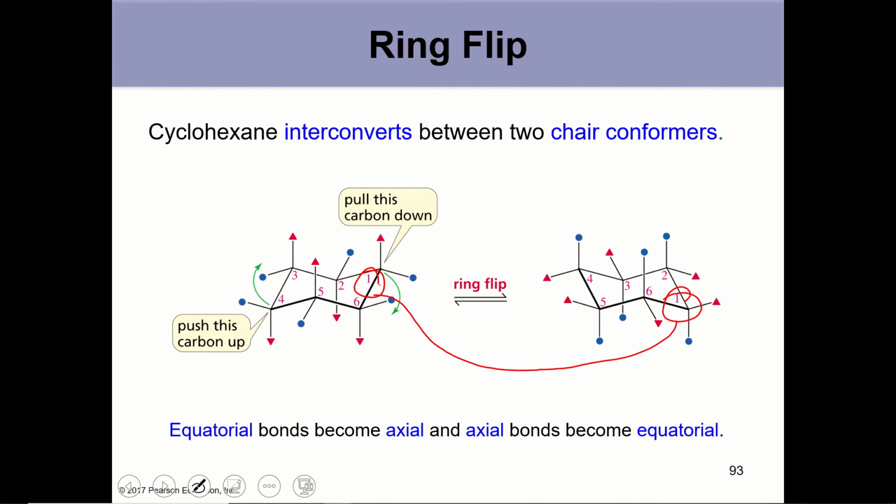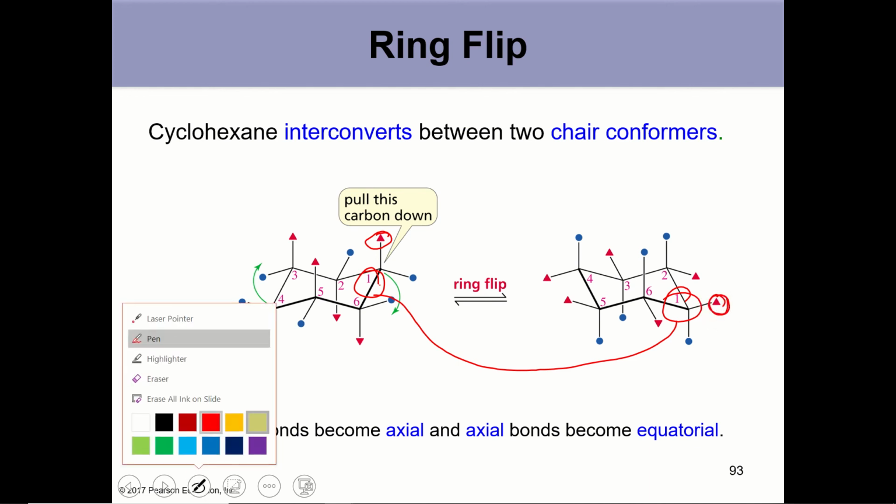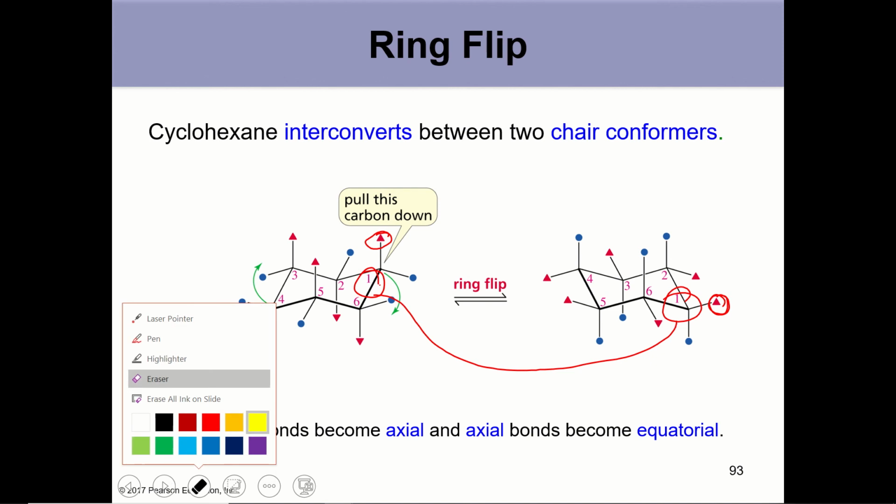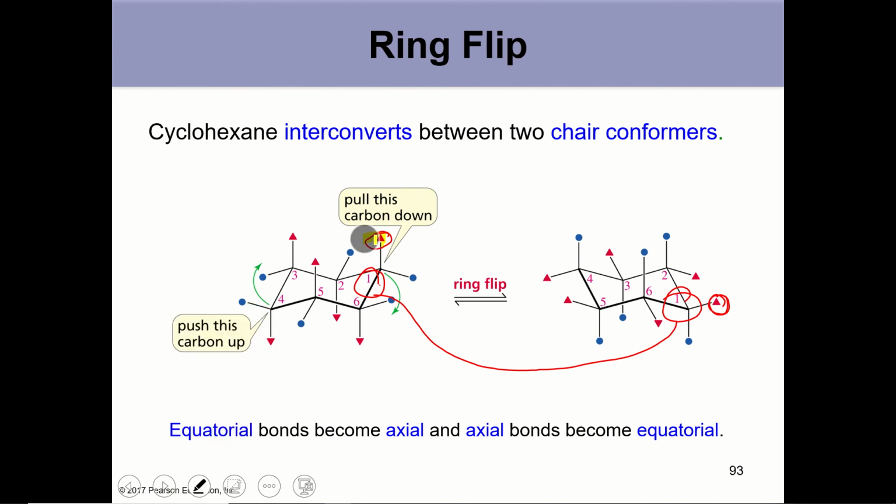When you do a ring flip, the axial hydrogen on carbon 1 becomes an equatorial hydrogen. And we can highlight that in, well, that was not the highlighter. Let's highlight that with yellow. So the yellow highlights show an axial hydrogen that is a triangle.